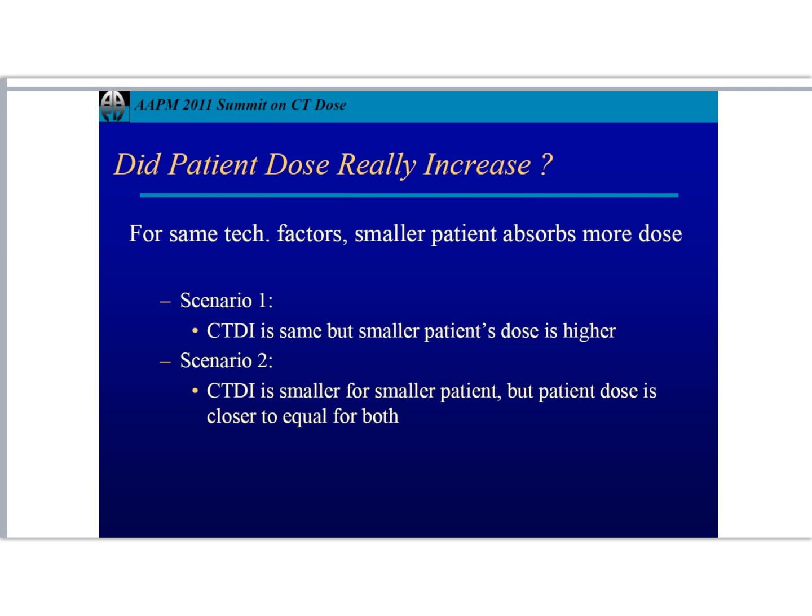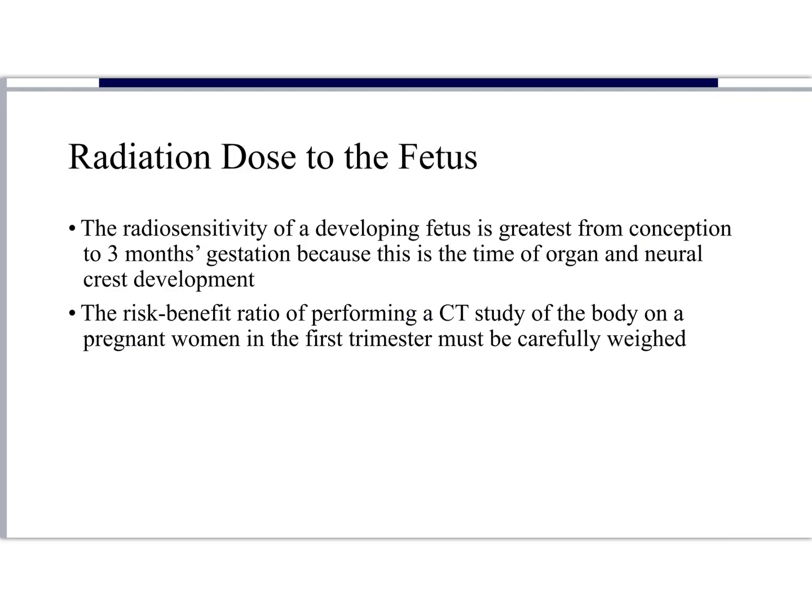For scenario one, the CTDI is the same, but the smaller patient's dose is much higher, right? For scenario two, where we decreased the mAs, the CTDI is smaller for the smaller patient, but the patient dose is actually closer to equal for both. So we can't just blindly rely on the CTDI to guide radiation dose considerations.